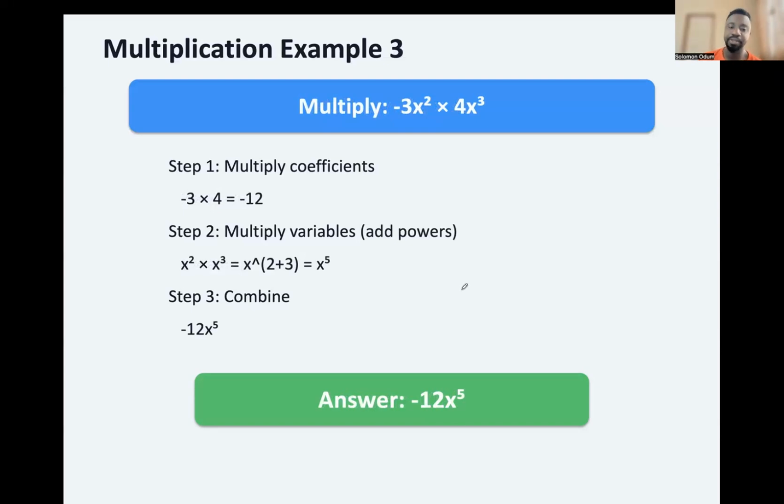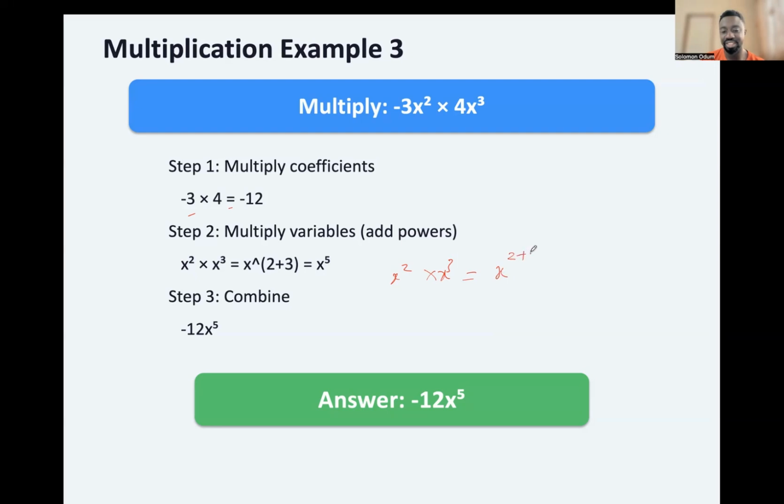Next, we are going to multiply minus 3x squared times 4x cubed. You multiply the coefficients, minus 3 times 4, which gives us minus 12. You multiply the variables and add the powers: x squared times x cubed.